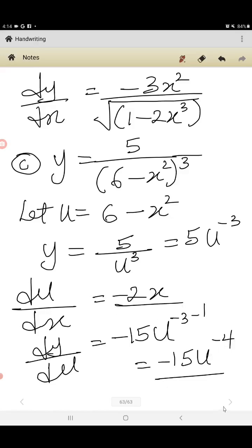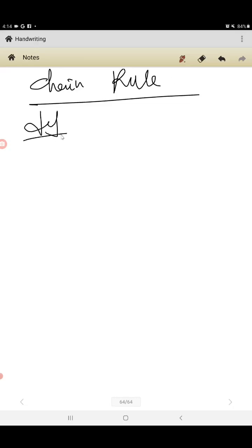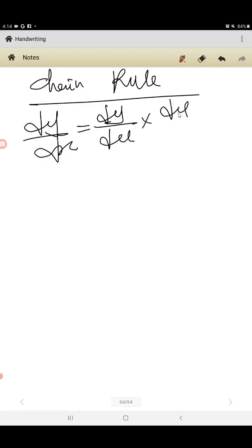So what we need to do is to apply what we call the chain rule. The chain rule lets us know that dy with respect to x is dy with respect to u times du with respect to x.